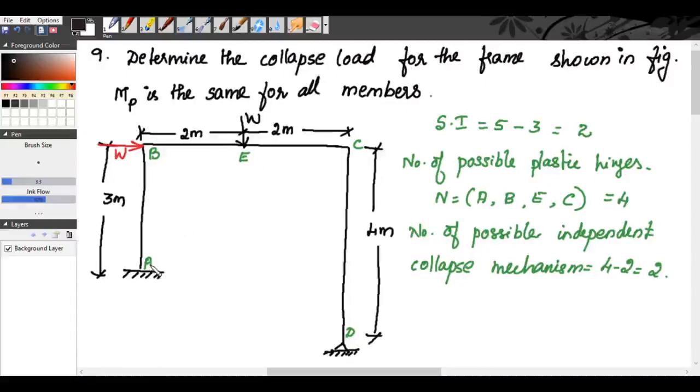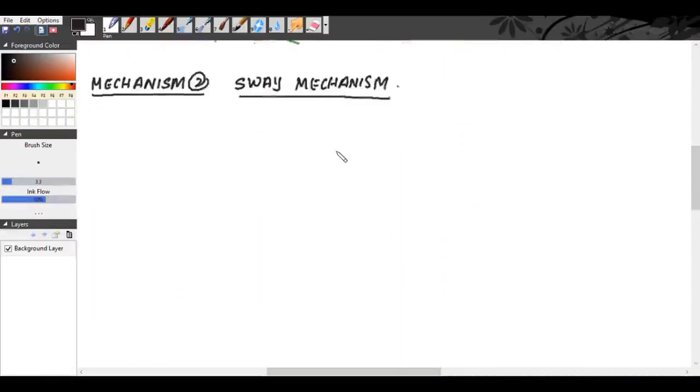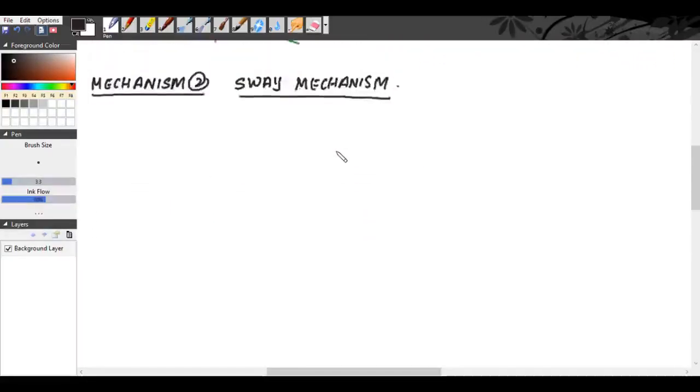So there will be plastic hinges at A, B, E, and C. Sorry, not at E, it is a sway mechanism. So you will have plastic hinges at A, B, and C. Now we will draw the sway mechanism. So our frame is like this.